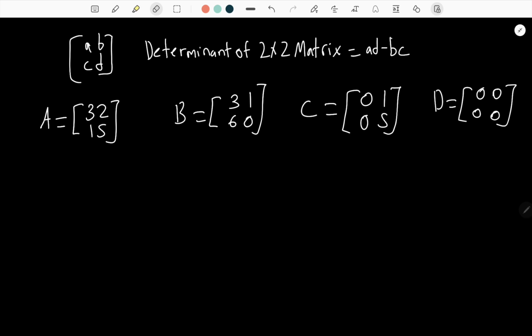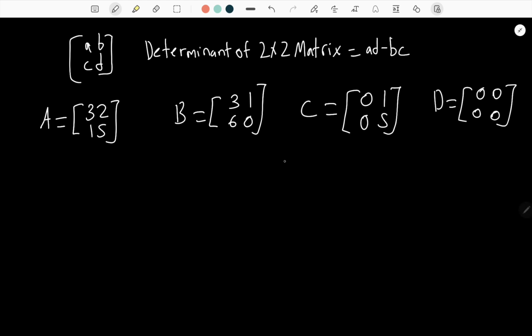You can try it yourself. It will be 3 times 0 minus, don't forget the minus, some students make that mistake, 6 times 1, which will give us minus 6. Determinant can be negative, by the way, so the determinant is minus 6.